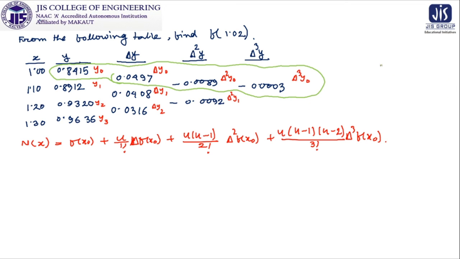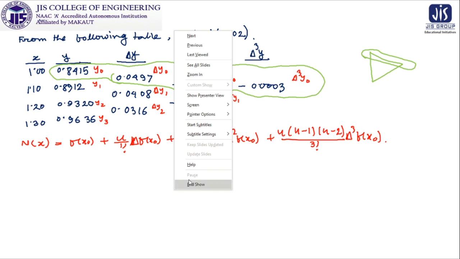So in the table of forward difference operator, we are actually interested in this part in case of Newton's forward interpolation formula. We will show you what will be the requirement for Newton's backward interpolation formula in the next lecture. So now our job is to complete the problem.